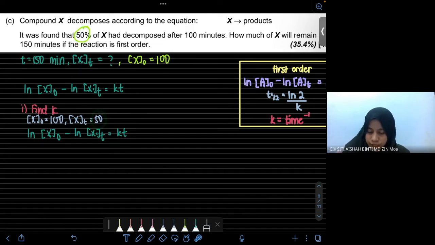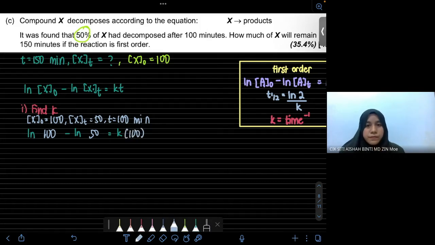The time here is actually 100 minutes. So here we can substitute: 100, 50, and t is 100. From here we will get our k.